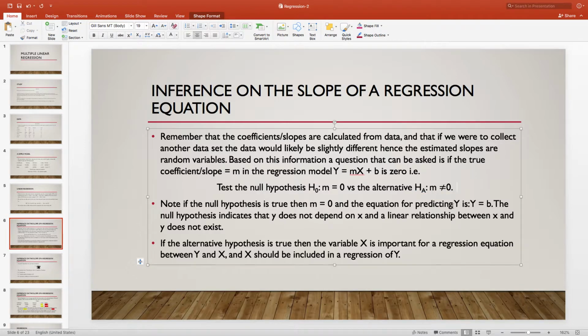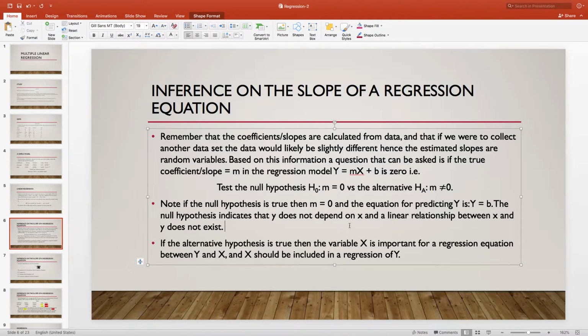Is it possible that the reason the slope isn't 0 is due to random differences or random selection in your data? You took a bad sample and it misled you, and that the true value should be 0? Well, we can go ahead and try and test the hypothesis given by this versus this alternative.